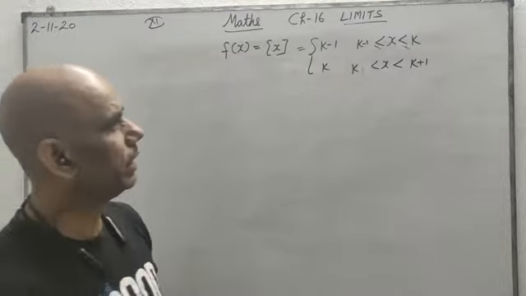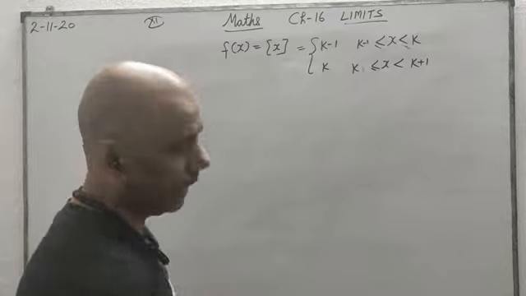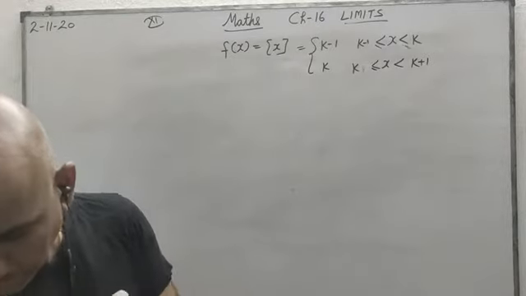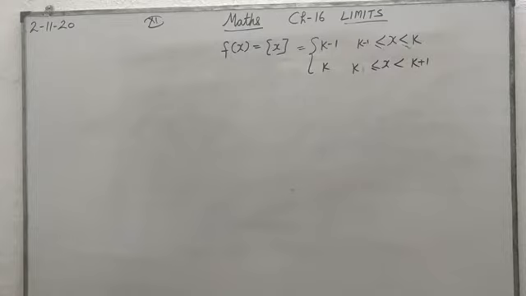Okay, and in question number 10 he is saying: find the left hand and right hand limit of the greatest integer function, that is f(x) equal to [x], the greatest integer less than or equal to x, at x equal to k, where k is an integer. Also show that limit x tends to k f(x) does not exist.